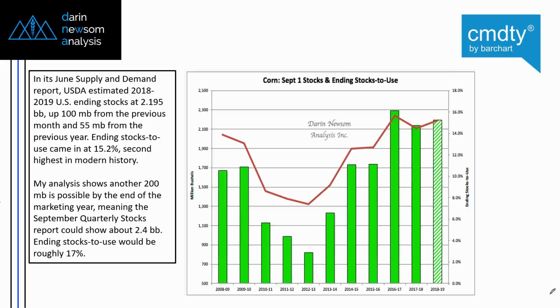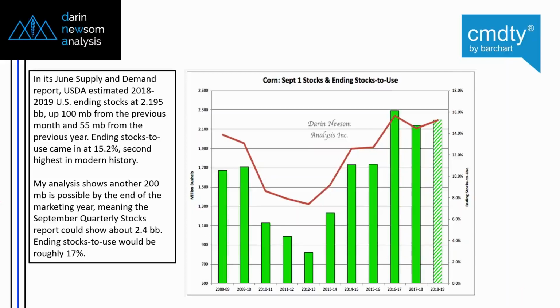Okay, this is one of the charts that I run. And what I'm looking at here is obviously the corn September 1 stocks. And all we've got going right now in the candy stripe chart onto the right-hand side is basically just the estimates coming from USDA, and I update this every month. And the red line cutting across that is ending stocks to use.